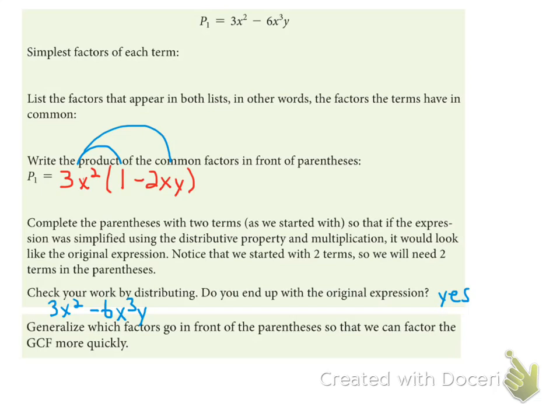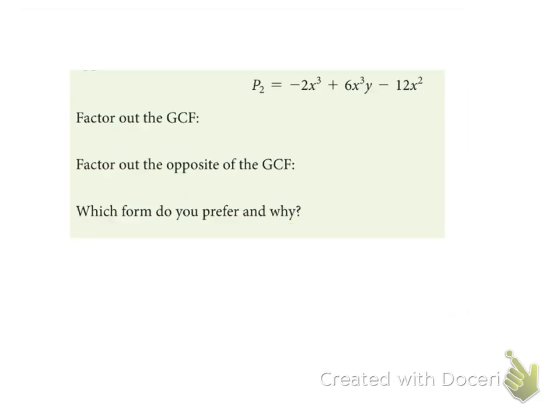Okay. Practice. It says factor the right side of the formula using the GCF in 2 different ways. Once by taking out the positive version of the GCF, and a second time by taking out the opposite of the GCF. Okay, so our greatest common factor.